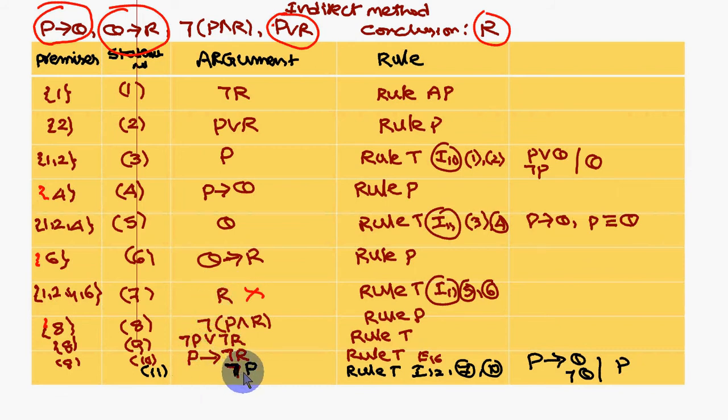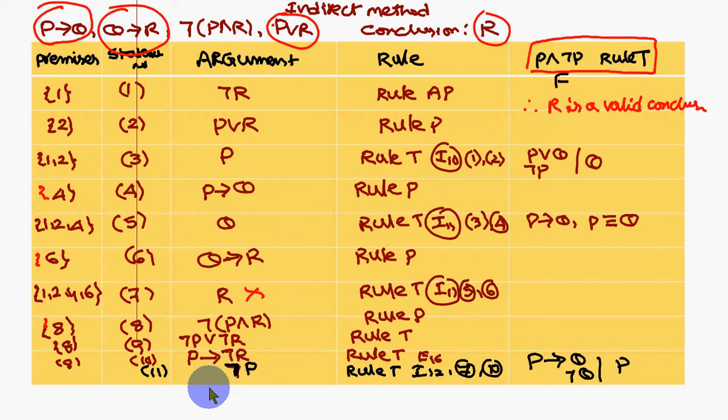You come across not P. Next, in the third statement P is there, and in the 11th statement not P. So P and not P is a contradiction, false. Therefore given R is a valid conclusion.